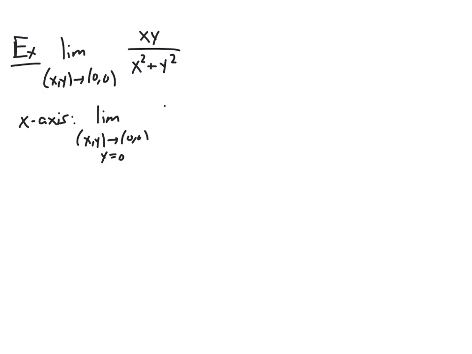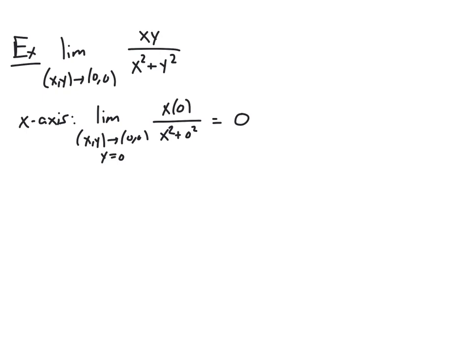This function becomes x times 0 over x squared plus 0 squared, which is just 0. The numerator doesn't matter what value x is. x times 0 is always 0, so this is always 0 over x squared, which is equal to 0. So along the x-axis, this function will approach the value of 0.